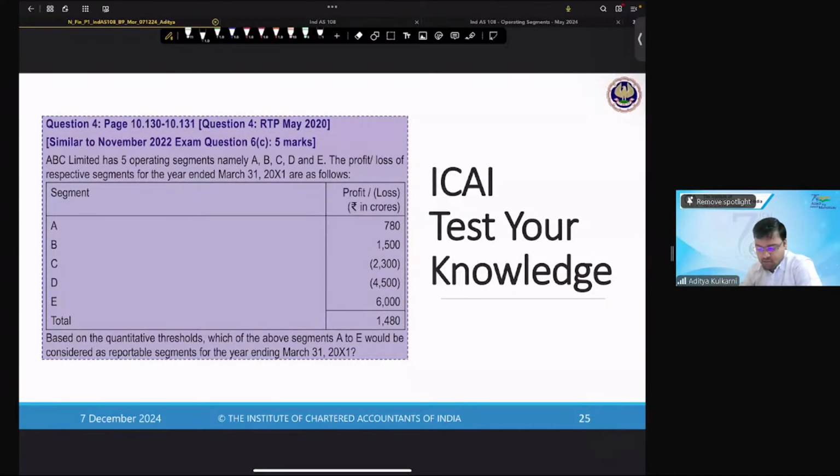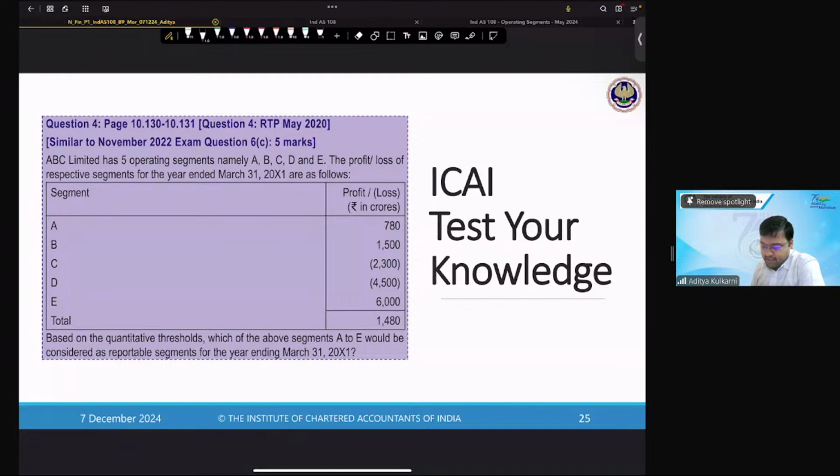This is relating to profitability. What we just now saw relating to profitability, this is based on that. So now ABC Limited has 5 operating segments, namely A, B, C, D, and E. The profit or loss for each of the segments are as under.